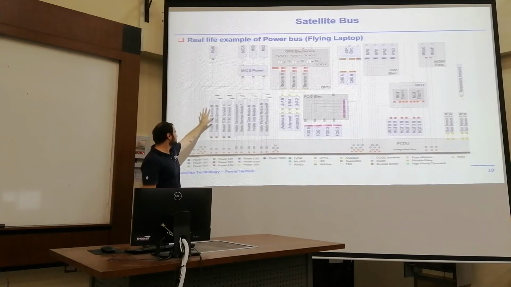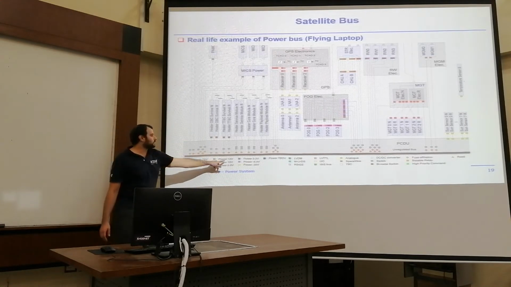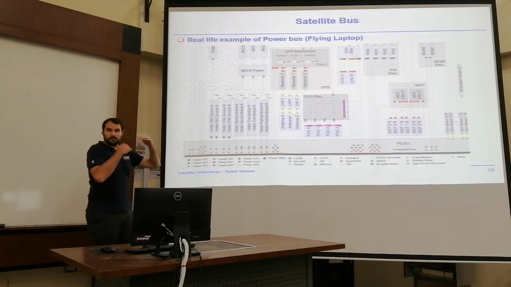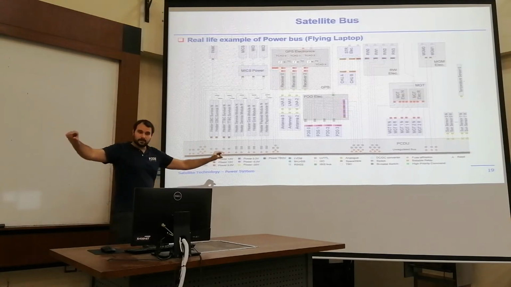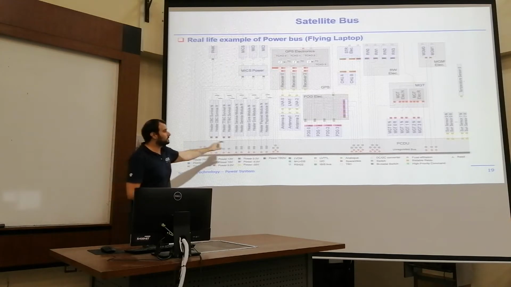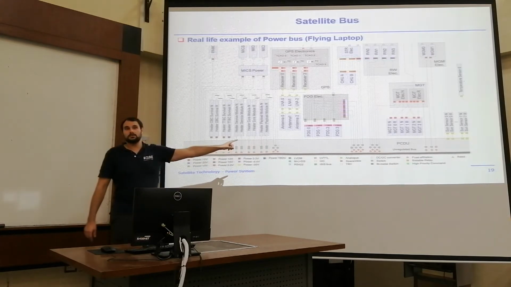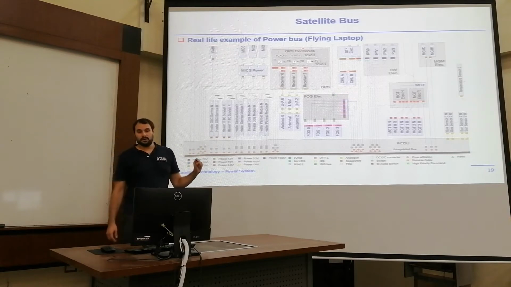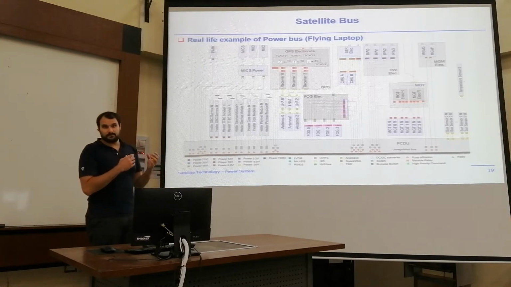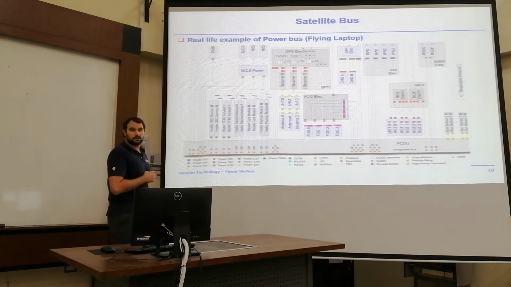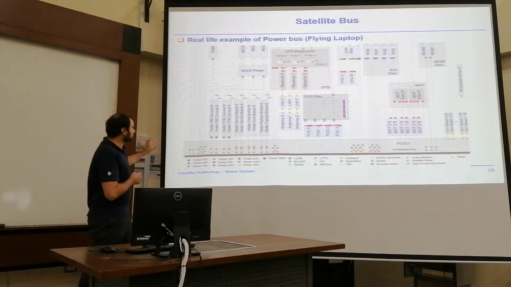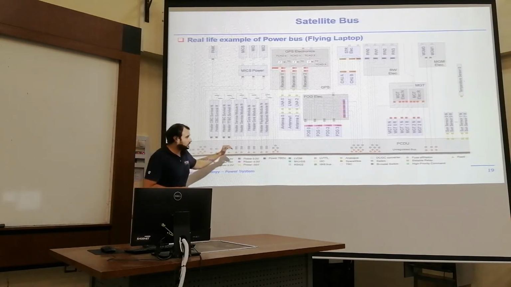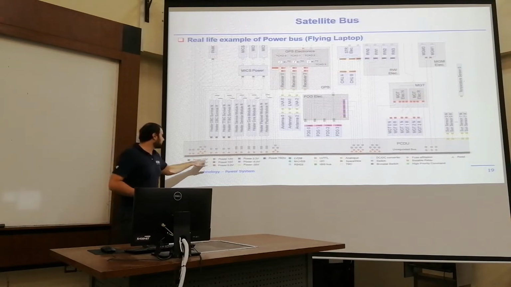We have some heaters that are fed by 12 volts. Between our unregulated power bus and our output, we have the PCDU, the power conditioning and distribution unit. And this is our regulator, as we have seen on the previous slide. So we're regulating our DC voltage of 70 volts down to 12 volts.